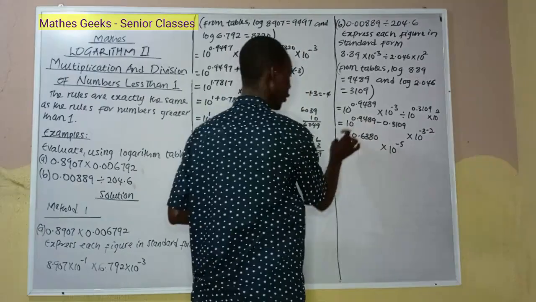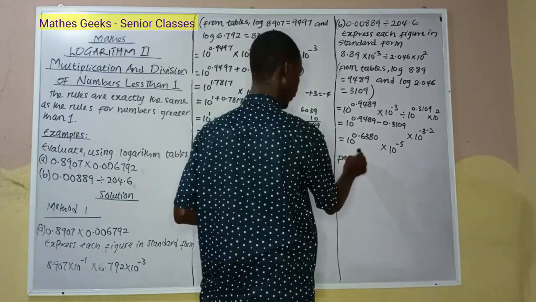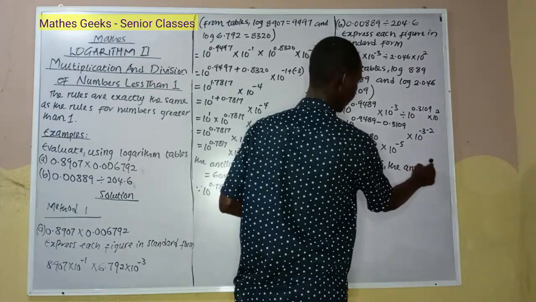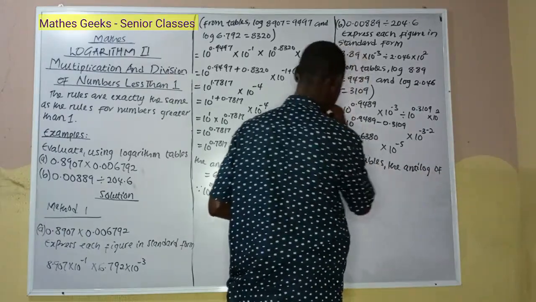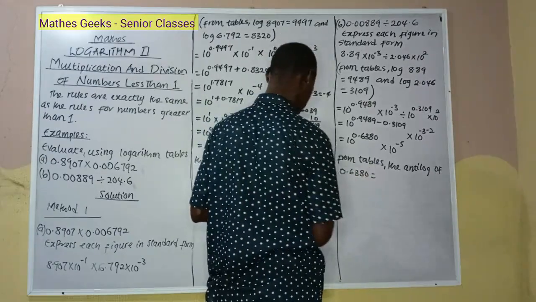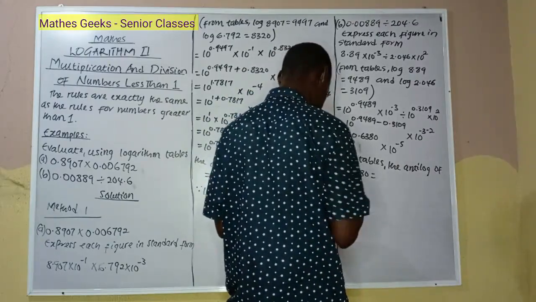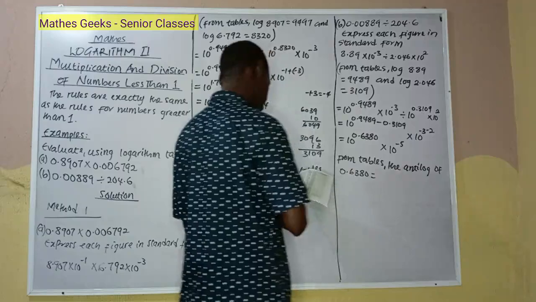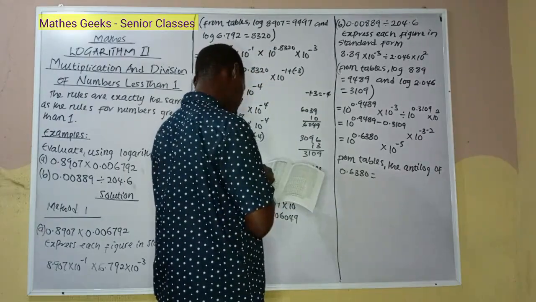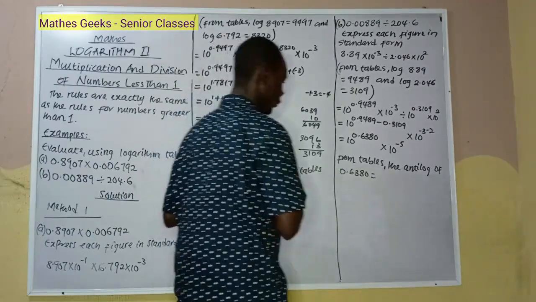So let's get the anti-log of this part. From tables, the anti-log of 0.6380 is equal to 0.63 under 8, which is 4345.